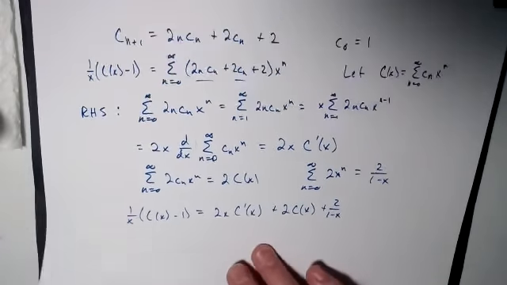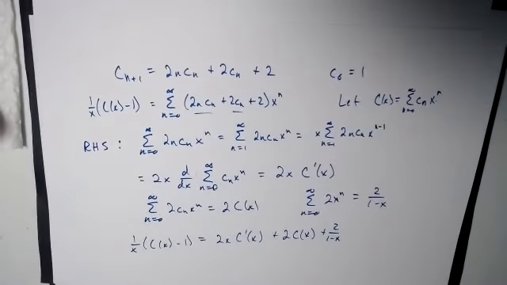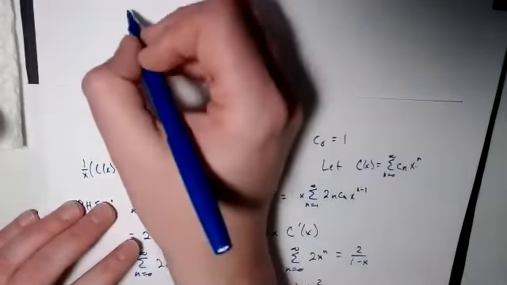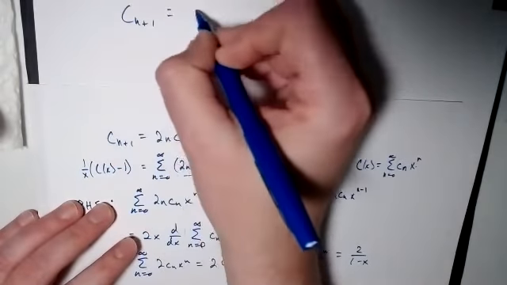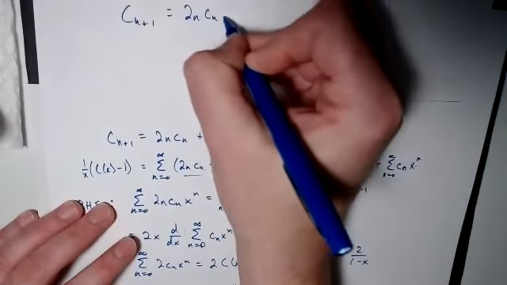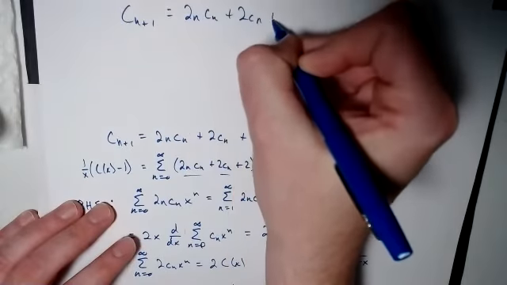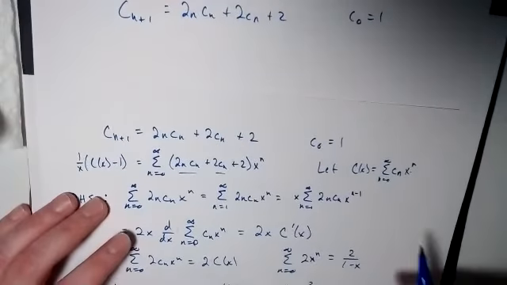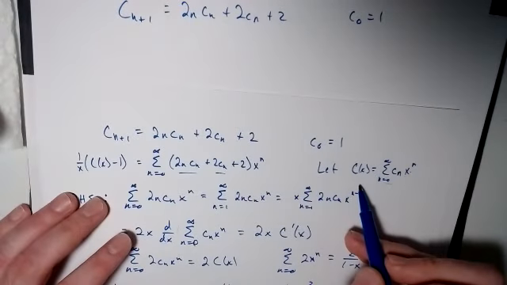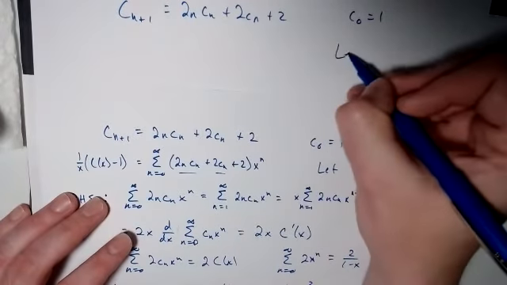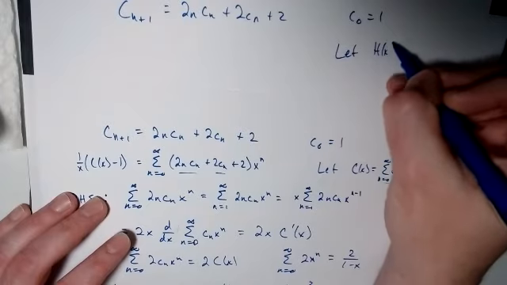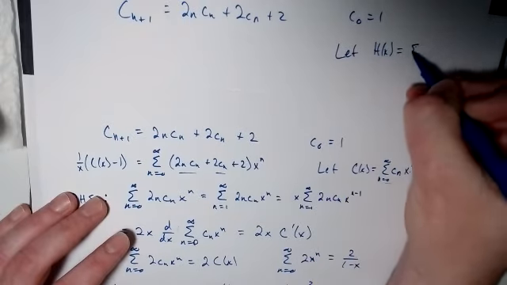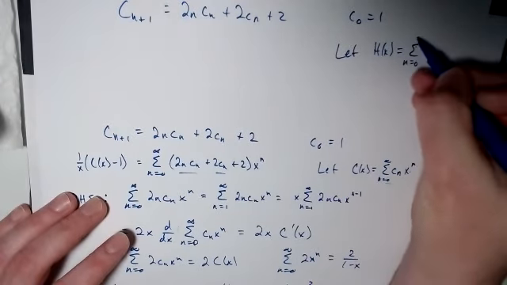So if you do this with ordinary generating functions and you get a differential equation, you can try it again. I'm going to rewrite everything up here so we don't lose it. C0 equals 1. But instead of letting our C be an ordinary generating function, let's let h of x be the exponential generating function for our sequence.